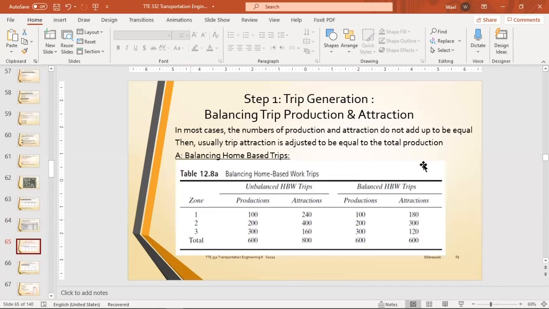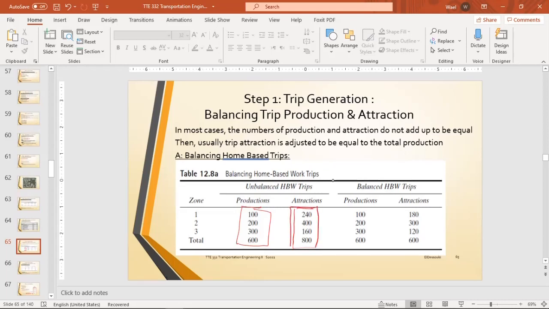Then after finishing the calculation of the trips, we do what we call trip balancing for the trip generation. Why? Because again, the productions are the trips produced, but the attraction, as I mentioned before, is a trip opportunity.